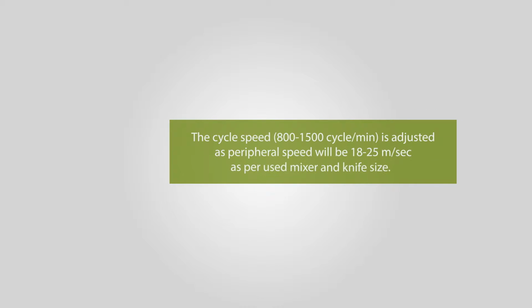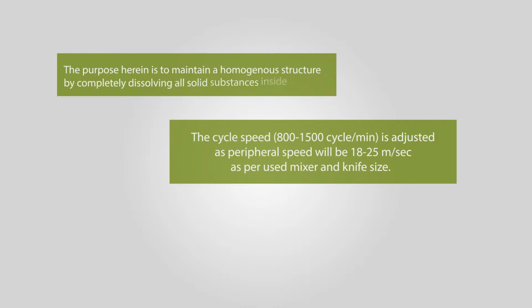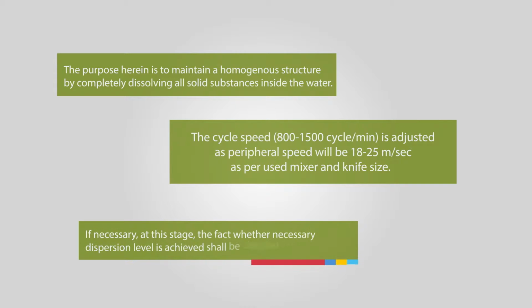The cycle speed, 800 to 1500 cycles per minute, is adjusted so that peripheral speed will be 18 to 25 meters per second as per the mixer and knife size used. The purpose herein is to maintain a homogeneous structure by completely dissolving all solid substances inside the water. If necessary, at this stage, whether the necessary dispersion level is achieved shall be checked.